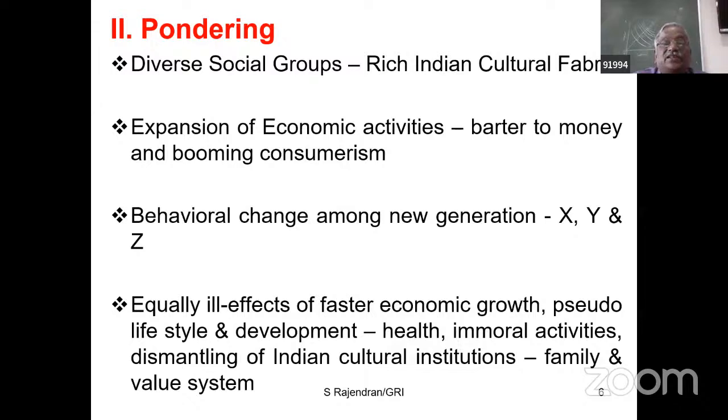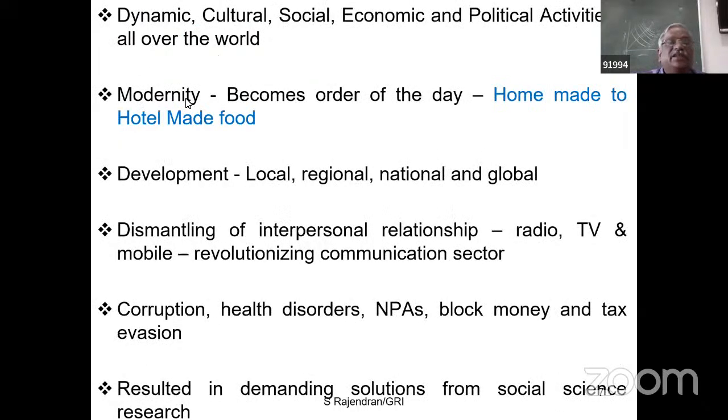In the first line, we said India has got a strong cultural fabric. But now at the end of the slide, we say dismantling of Indian cultural institutions, cultural system. For example, like the family value system.